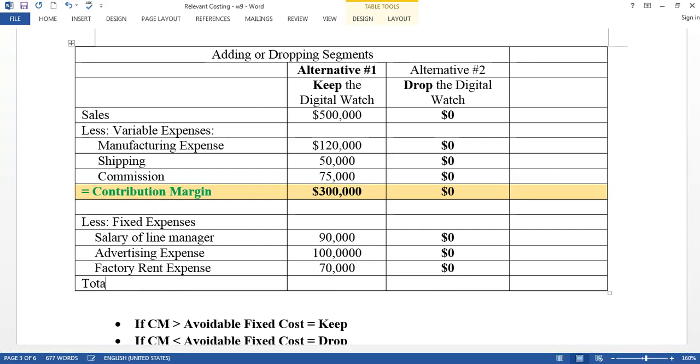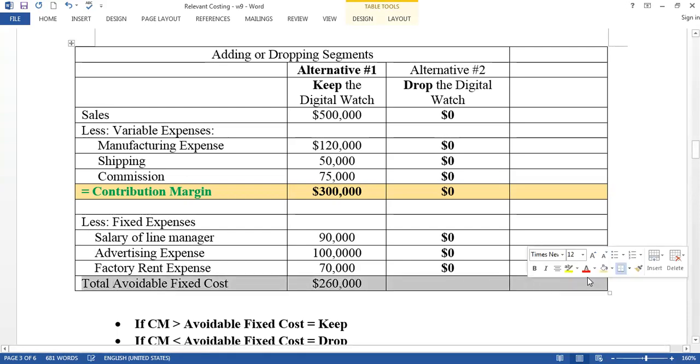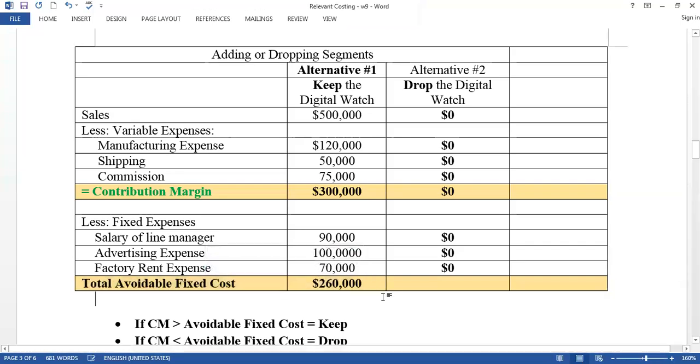Total avoidable fixed cost is $260,000 here. So if we compare these two, our avoidable fixed cost is $260,000 and our contribution margin is $300,000.